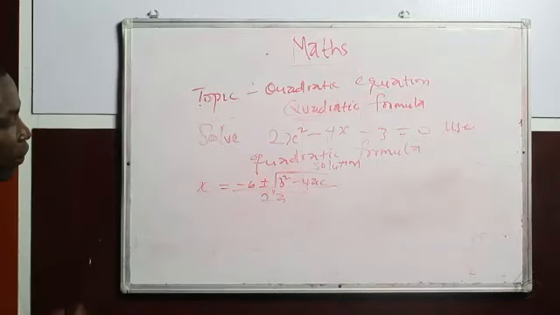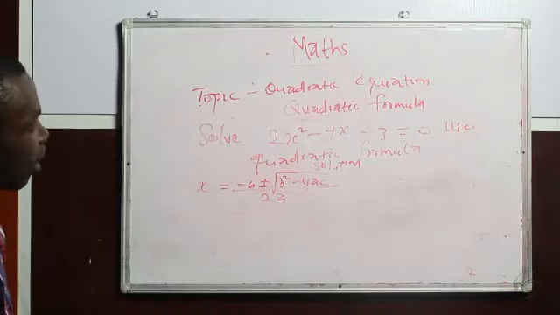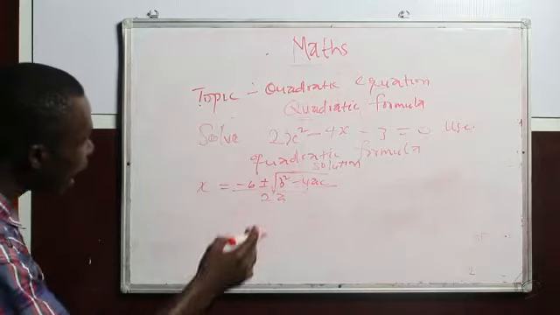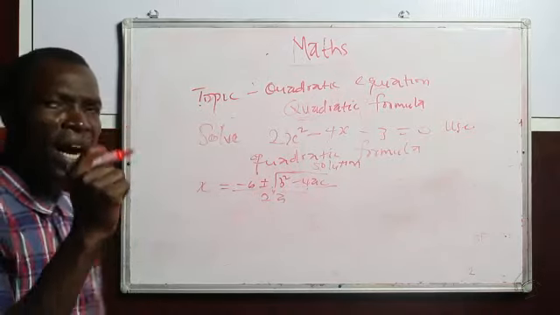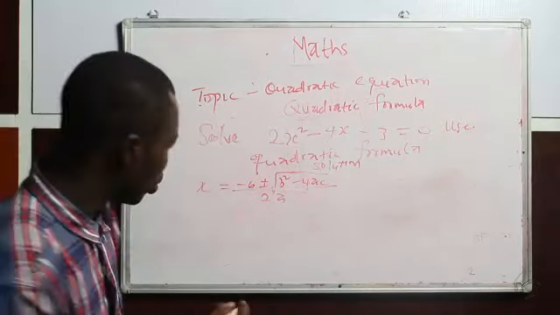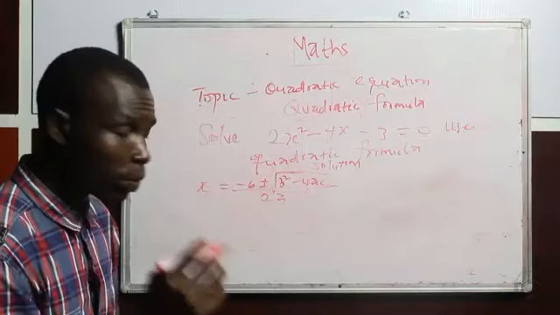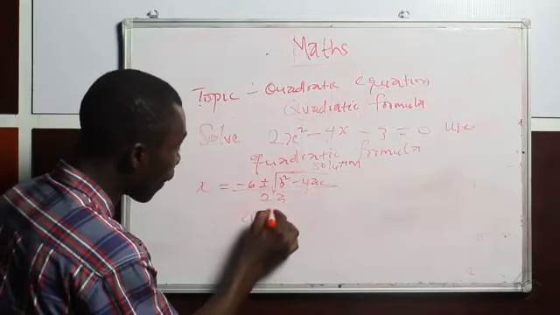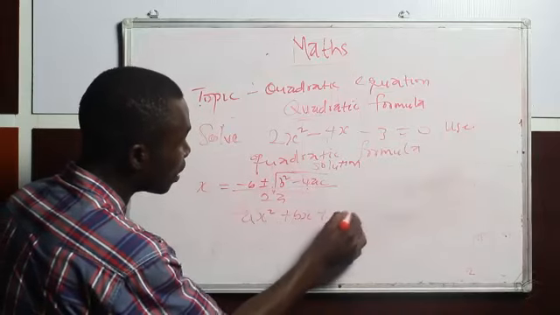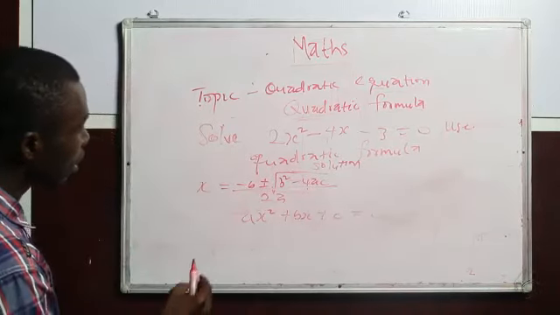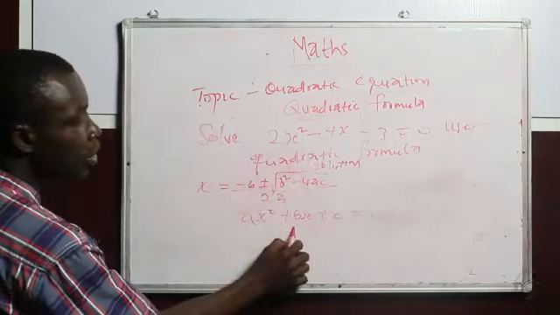For a quadratic expression ax squared plus bx plus c equal to 0, what is our a? What is our b?